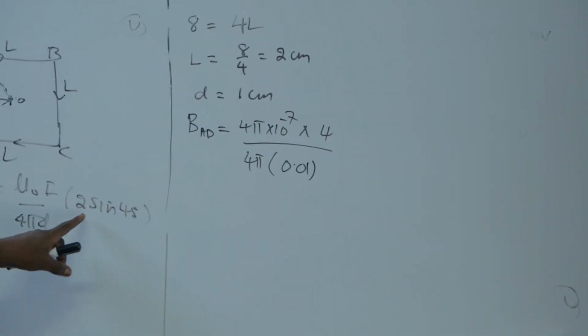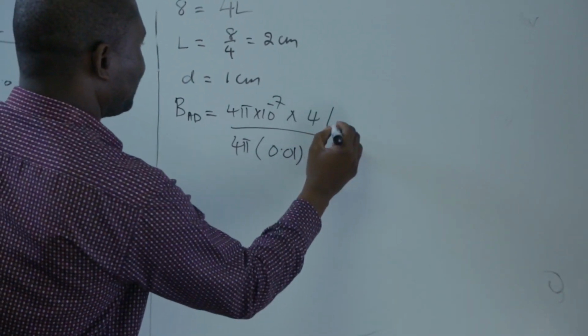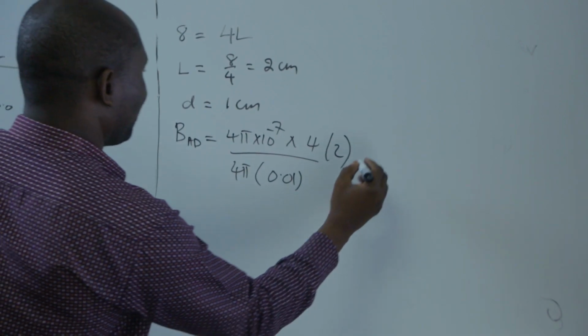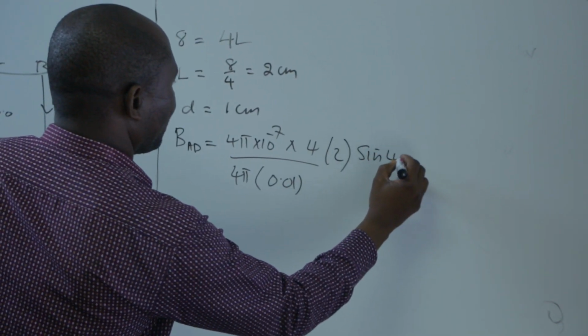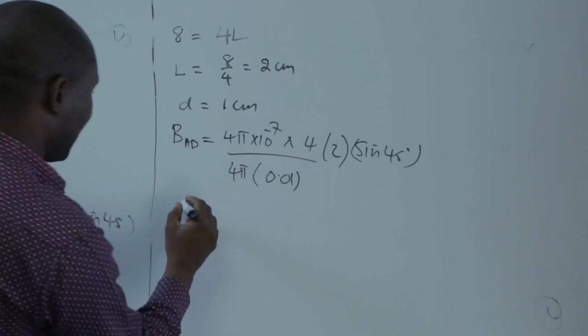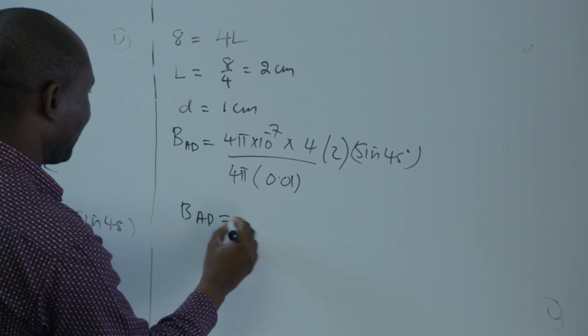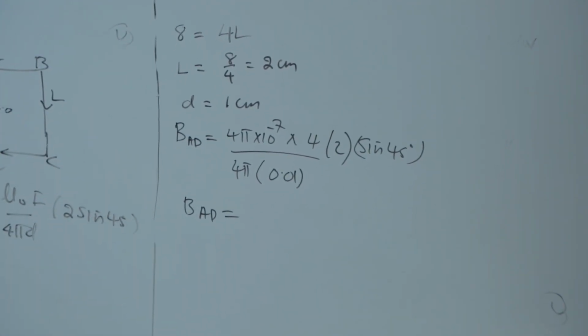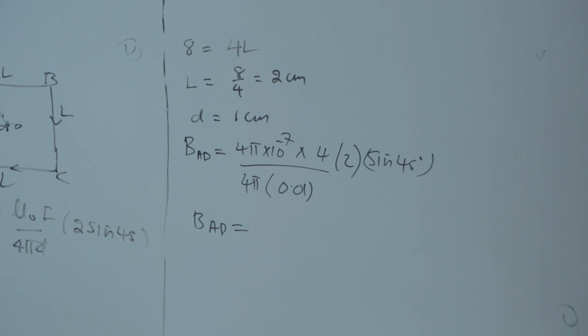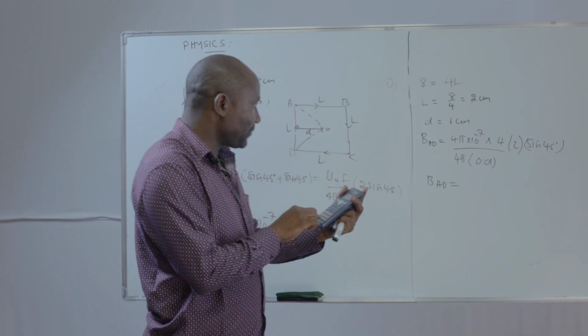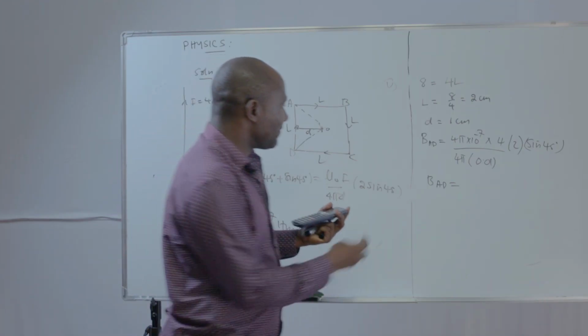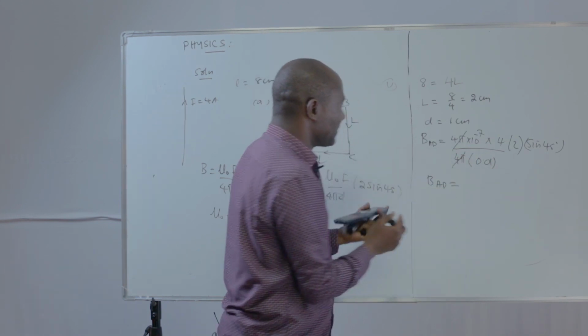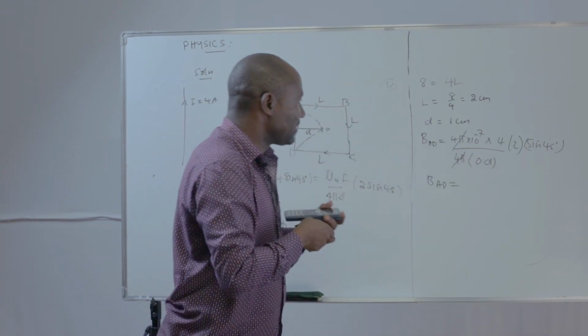And then you multiply by 2 sine of 45. So we have the values of the magnetic flux density. So use your calculator. I have mine here. Let's go together. By the way, pi and pi cancel out, 4 pi, I mean.